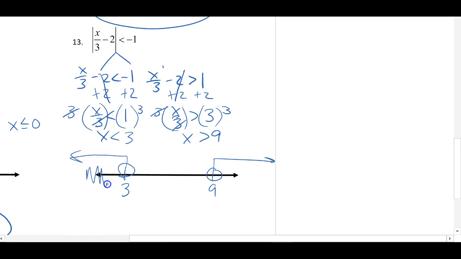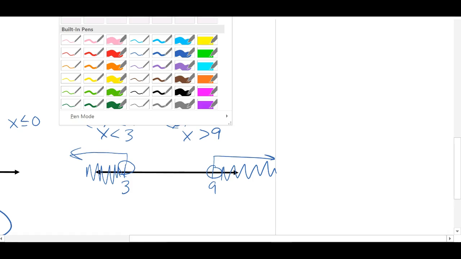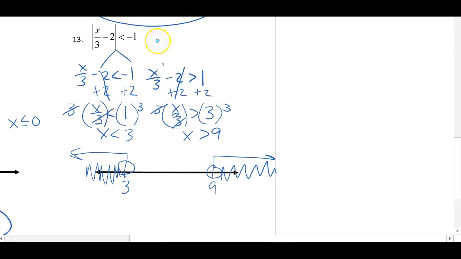So this goes to the left, shade to the left, goes to the right, shade to the right. And they're separate. It doesn't meet in the middle, so that means our answer is going to be an OR answer. Okay, so right here, I'm going to put OR. Okay, and that is my answer right there.